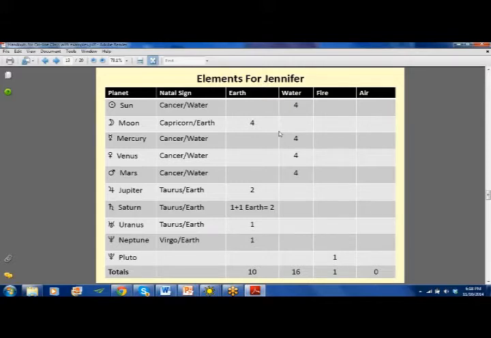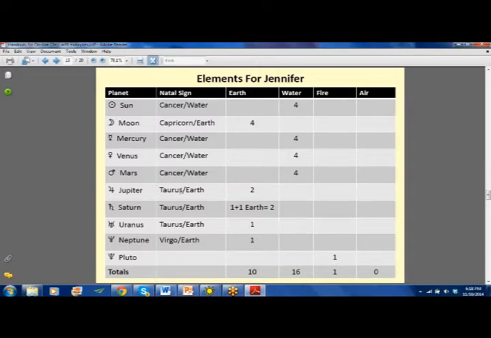And so I did her chart, and she has the sun in Cancer, so she gets 4 points of water. She's got the moon in Capricorn, so 4 points for earth. She's got Mercury, Venus, and Mars all in Cancer, so 4 points for each of those. So that actually gives her a total of 16 points for water.